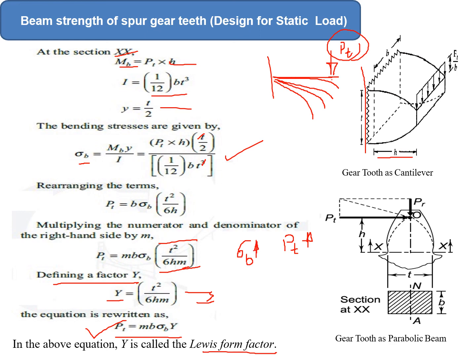Okay, so what is the beam strength? Beam strength is denoted by SB. So SB is the maximum tangential load the gear tooth can sustain. Up to what stress can the beam sustain? Up to its permissible bending stress.